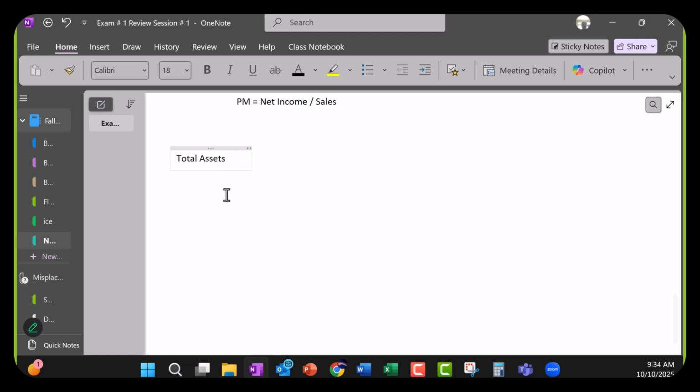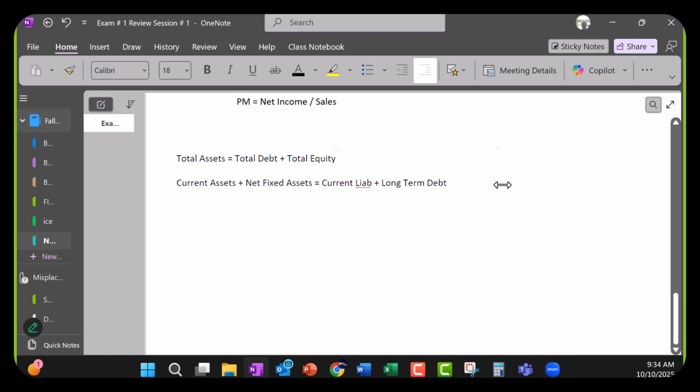Total assets are equal to total debt plus total equity, but we can write total assets as current assets plus net fixed assets, which equals current liabilities plus long-term debt plus total equity.